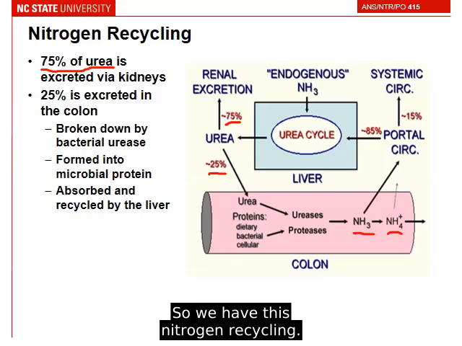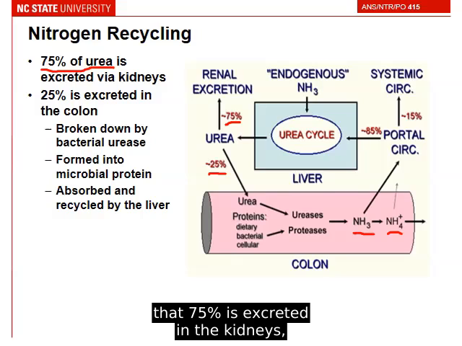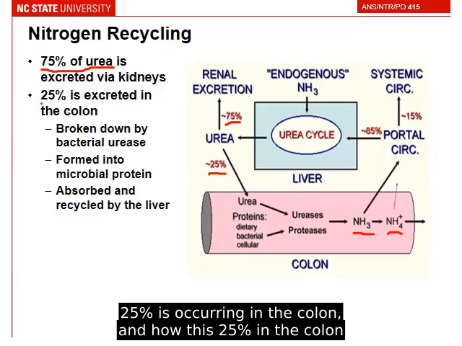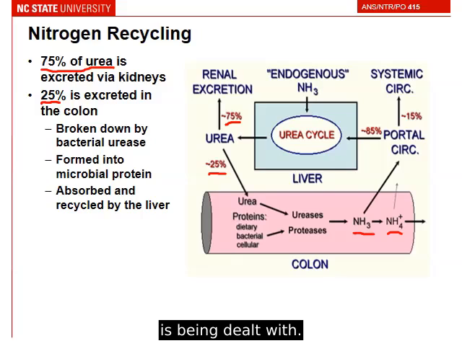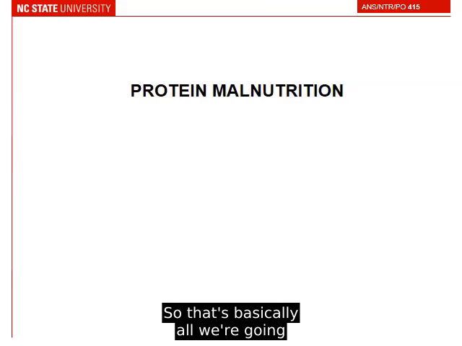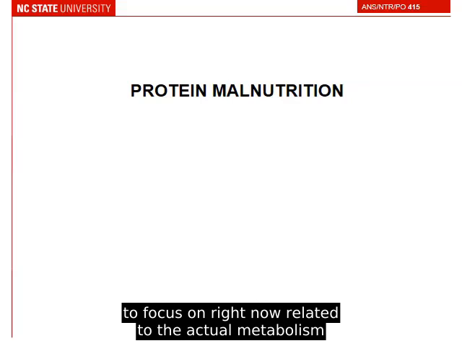So we have this nitrogen recycling. I want you to be able to tell me that 75% is excreted in the kidneys, 25% is occurring in the colon, and how this 25% in the colon is being dealt with. That's basically all we're going to focus on right now related to the actual metabolism of amino acids.